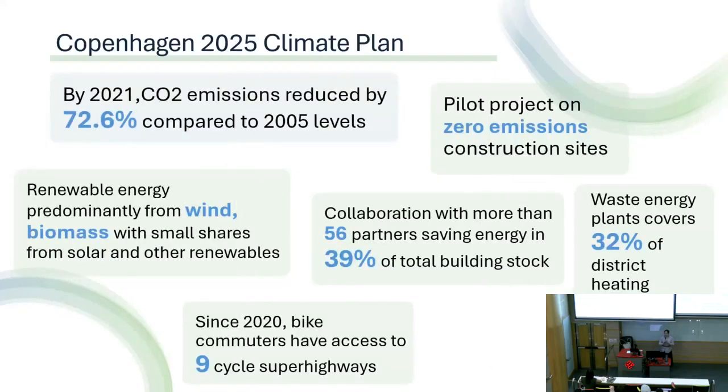Just overall, by 2021, they've already reduced carbon emissions. They've piloted zero emissions construction sites. They have wind and biofuel, and a waste energy plant covering 32% of the district heating demands, and being able to access the 9 cycle superhighways.